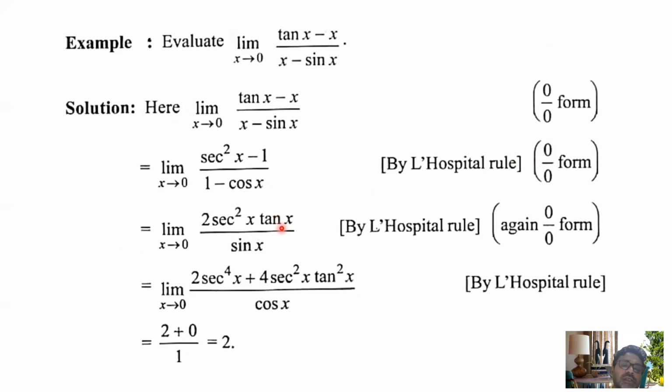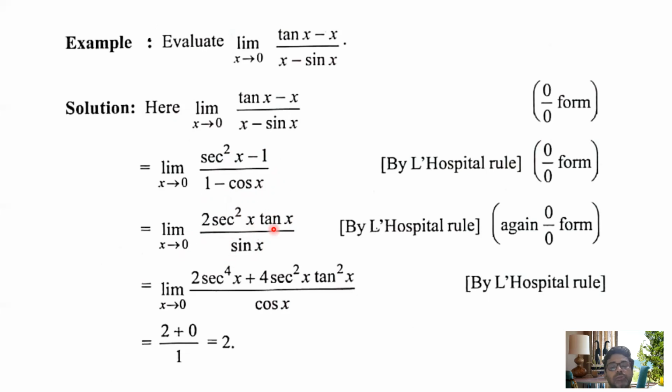Again you differentiate this: 2 sec x, and the derivative of sec x is sec x tan x. The derivative of 1 is 0, and for the lower part the derivative of minus cos x is sin x. So it is clear that if I substitute the value 0, the numerator becomes 0 and the lower part also becomes 0.